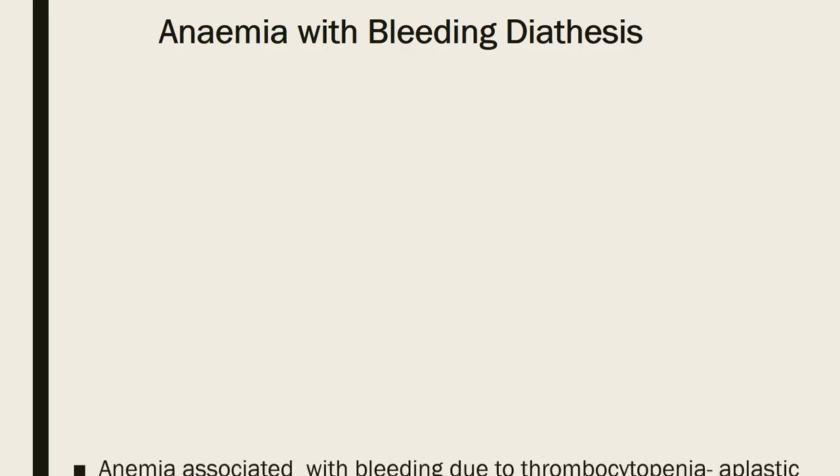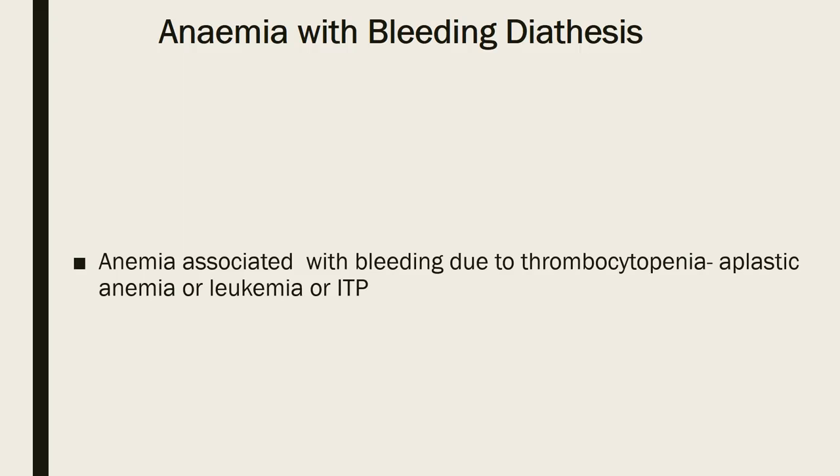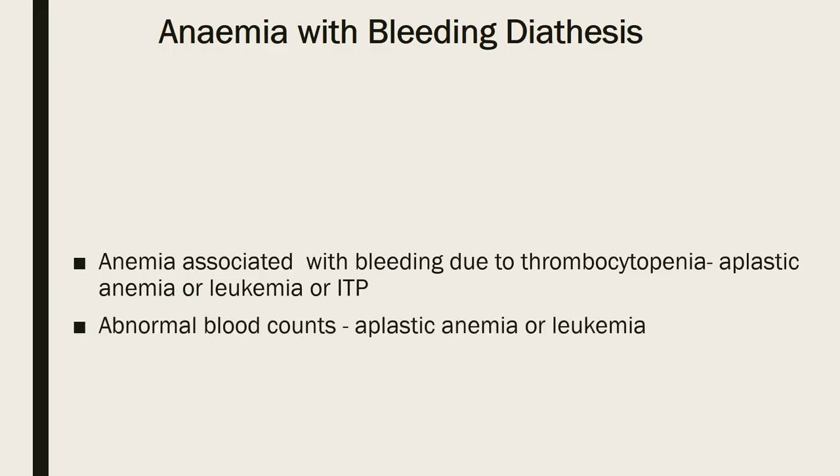If the child has anemia with bleeding diathesis and thrombocytopenia, then you have to suspect aplastic anemia, or it may be leukemia, or it may be ITP. If abnormal blood counts are there, then think about aplastic anemia or leukemia.